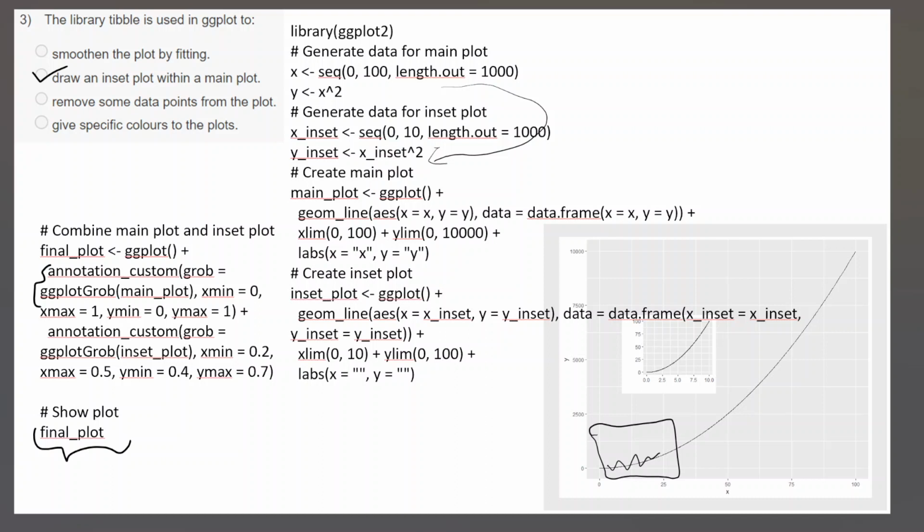Then we are creating an inset plot. The inset plot is the main plot plus the same thing again, just with the x limits from 0 to 10 and the y limits from 0 to 10.